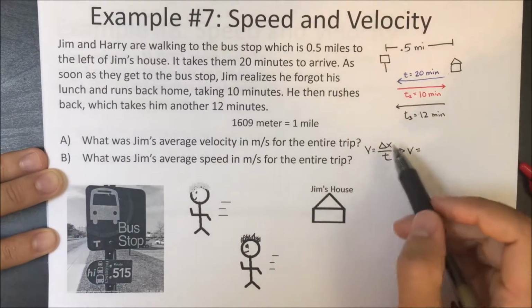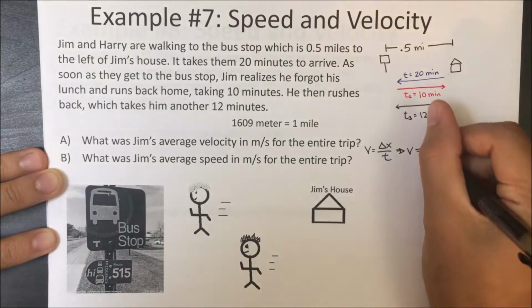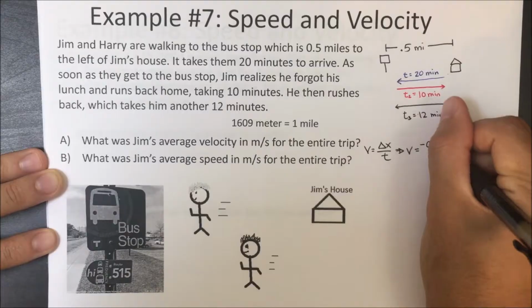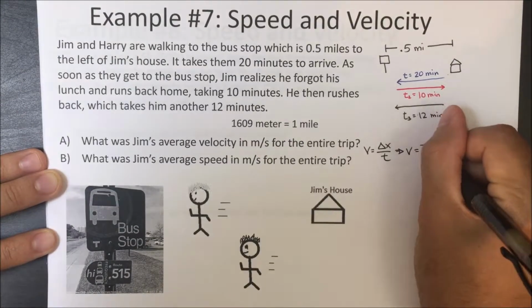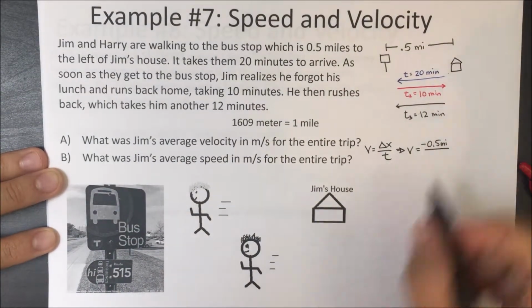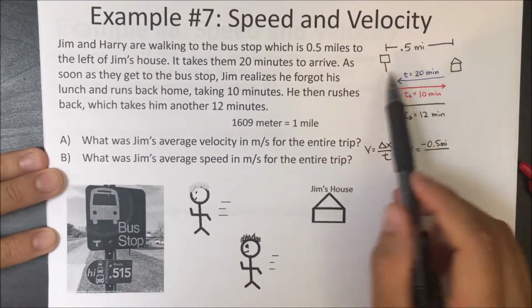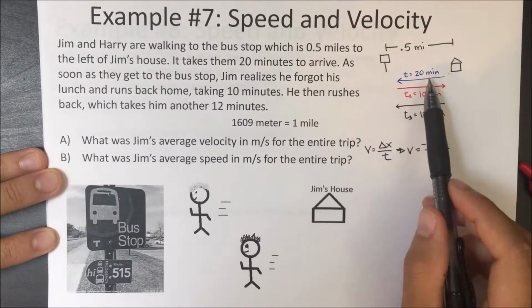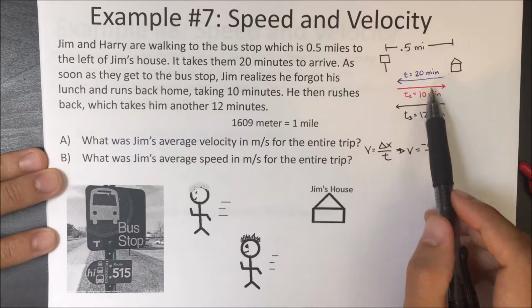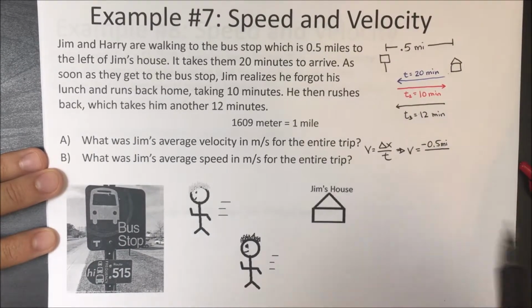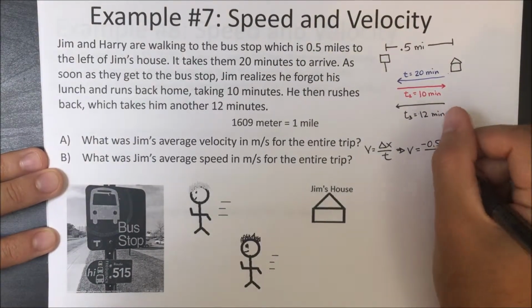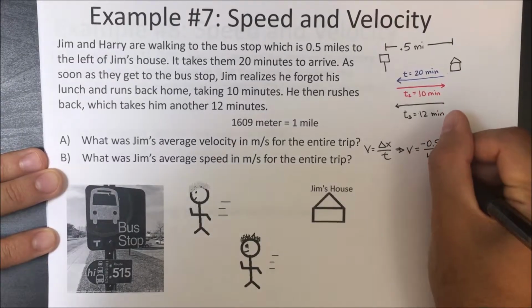That means his displacement is going to be negative 0.5 miles. And the time it takes to get to this point is going to be 20, another 10, and 12. So it's a total of 42 minutes to get to that bus stop.